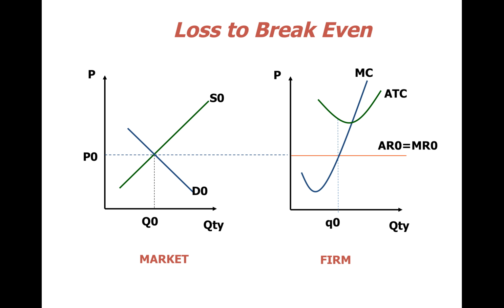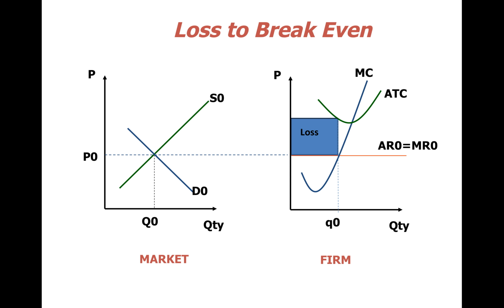Notice that at this point, AR is less than ATC, and this will give us the amount of loss as indicated by the shaded area. So this is the initial profit diagram where the firm is making subnormal profit.